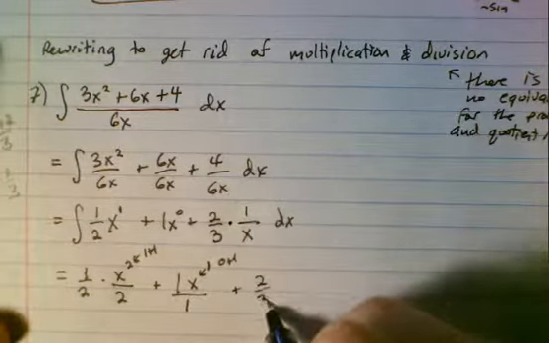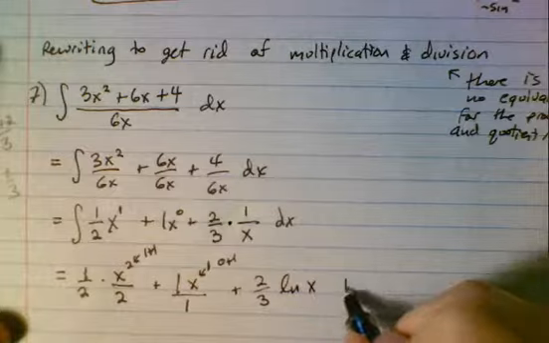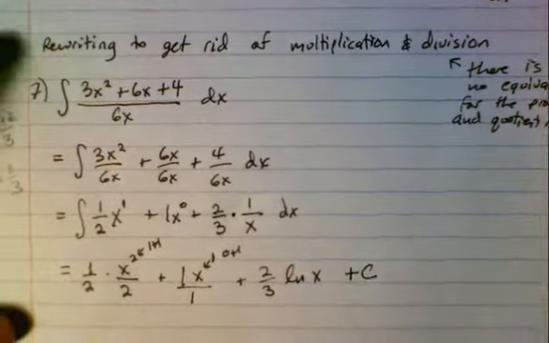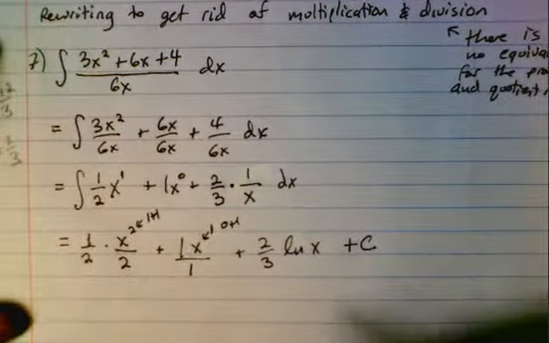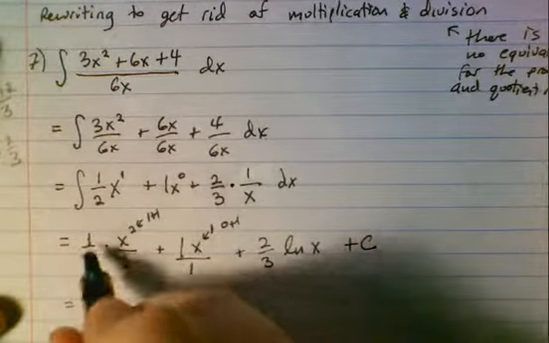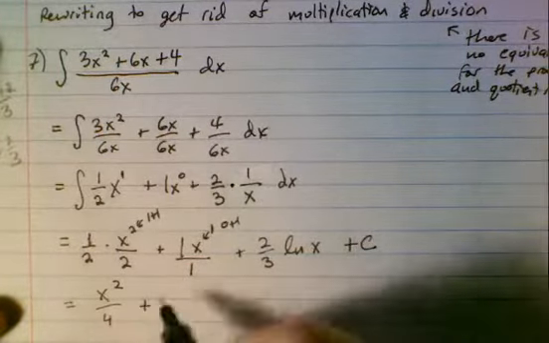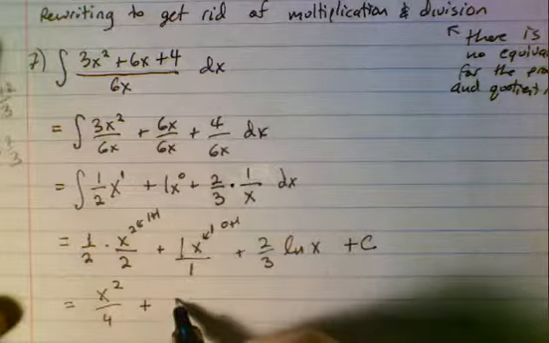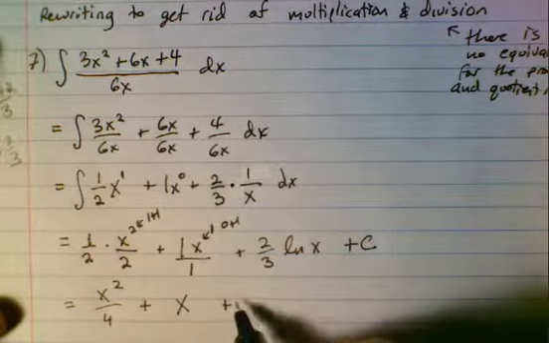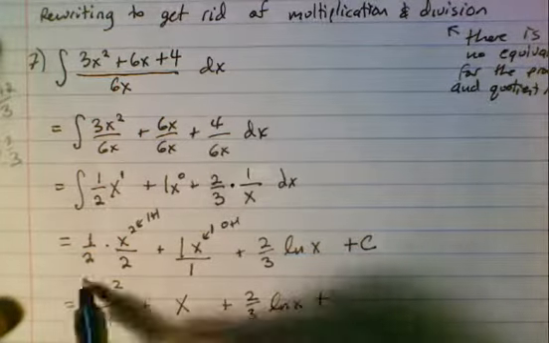And this is 2/3, and the antiderivative of 1 over x is the natural log of x. All of that plus c. So what I'm going to get when I multiply all this out is x squared over 4 plus, the 1's are invisible, x plus 2/3 natural log of x plus c.